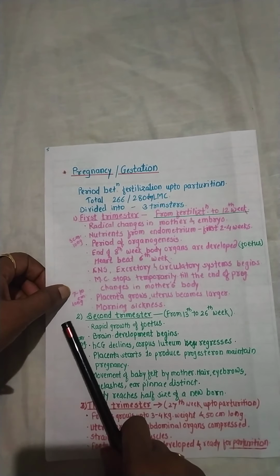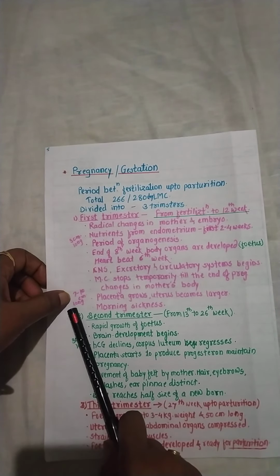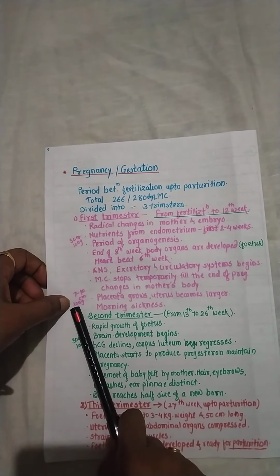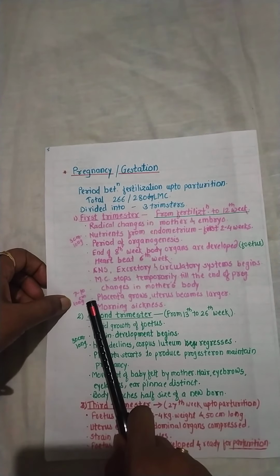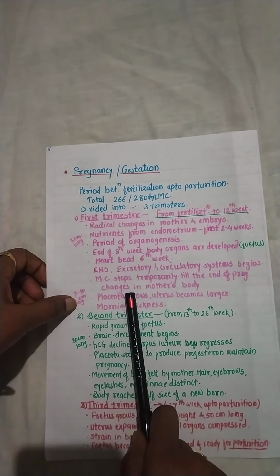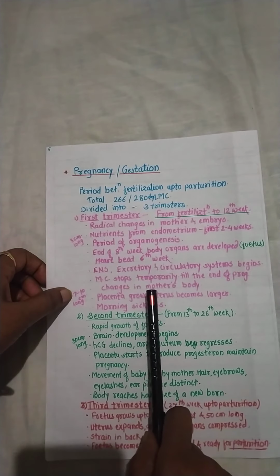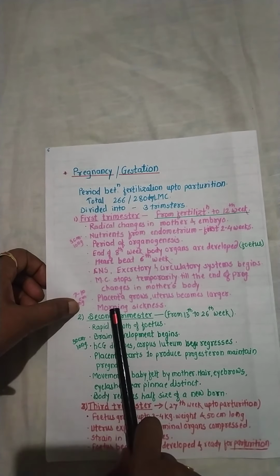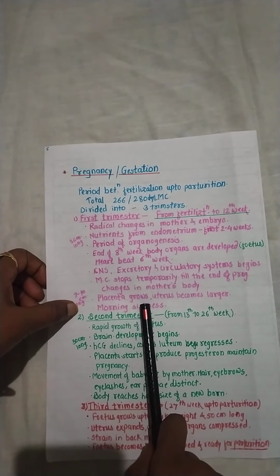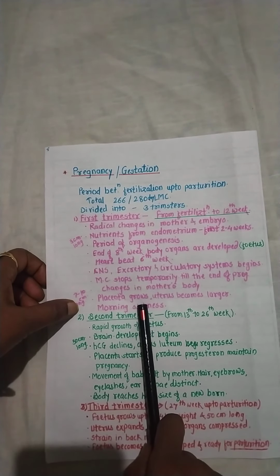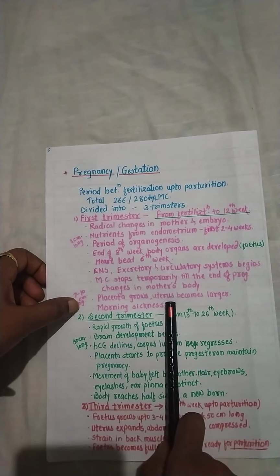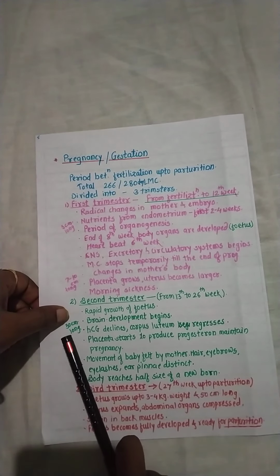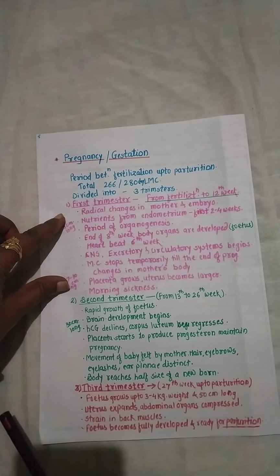Now the fetus becomes 7 to 10 centimeter long. As the fetus grows, the placenta also grows. Then the uterus becomes larger and the mother shows morning sickness, that is nausea, vomiting and mood changes. That is about the first 3 months.